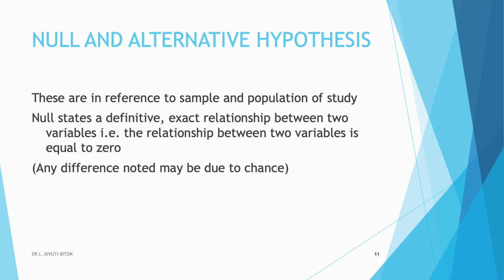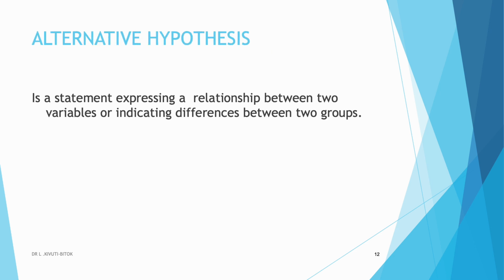So we have the null and alternative hypothesis, which is usually done in research. The alternative hypothesis, on the other hand, expresses a relationship between two variables or indicates differences between two groups. That the difference is definite. It is not by chance.